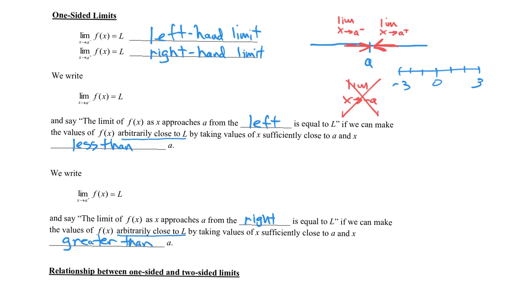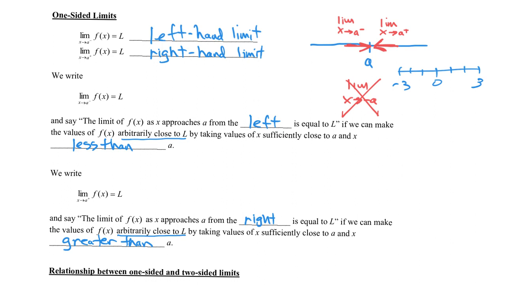So it's very similar. The one-sided limits are a lot like the limit without the one side. The typical limit, where we don't have this notation, which we'll see later, actually includes both of these. But the one-sided limit is very similar to how we were talking about limits originally.